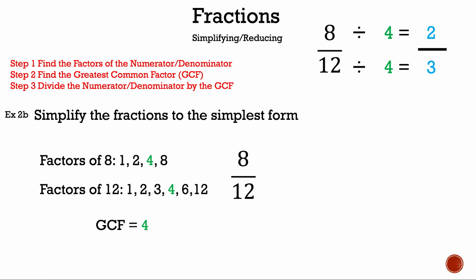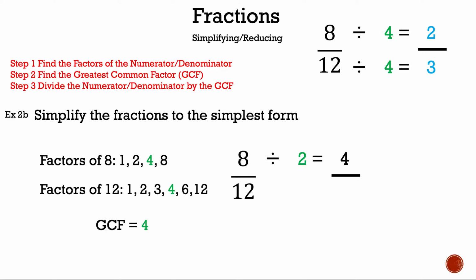Now you may be wondering, what happens if I don't do the GCF and I can't find it? Well, that's okay. You can still do it another way by just using a factor that they share, and it just takes maybe an extra step or two, and you'll see. So first things first, what happens if we divide by 2, since 8 and 12 are both even?